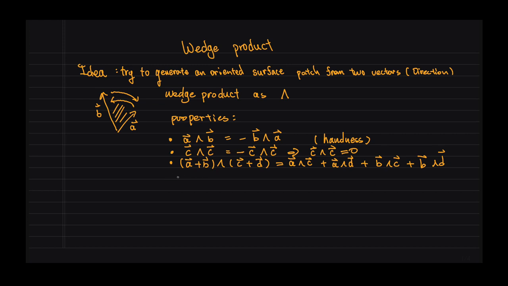And the last property, we will not use it, but we just introduce it for completeness: when we first do A wedge B, then wedge with vector C, it is equal to A wedge with B wedge C first.